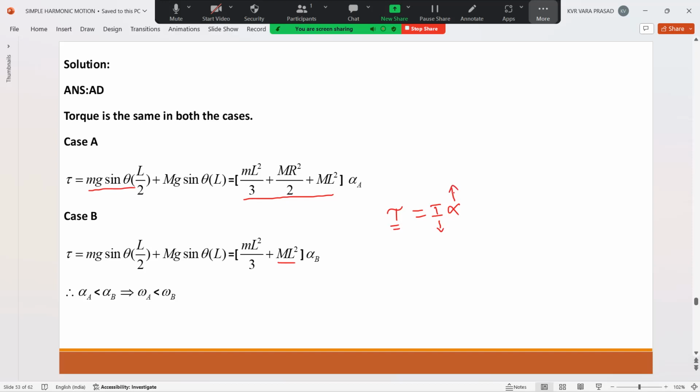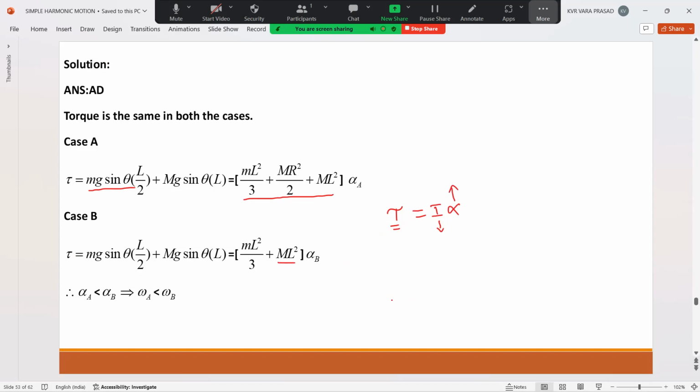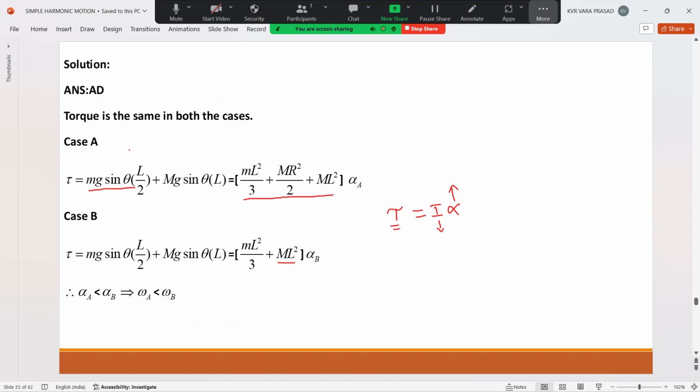Alpha B more means omega B is more, because omega is proportional to alpha. That's why the answer is option A. It is correct. And next we got here omega A less than omega B, which is option D. So the correct ones are A and D. That is the answer.